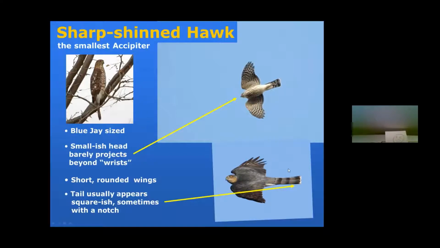And sometimes you might get a sharp-shin that really is a Cooper's hawk. But there are a couple of things, and we'll talk about why it might not be a Cooper's hawk. If it looks like this on a glide and you see barely a head projecting past the wrists, the odds are it's a sharp-shin. That's the first characteristic, in addition to the proportion of body to wing length.